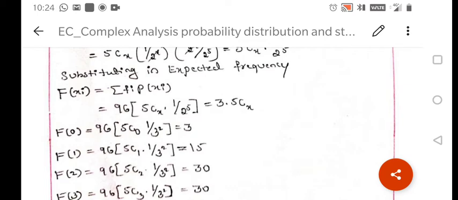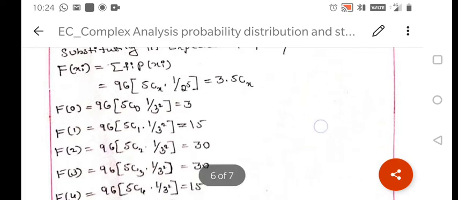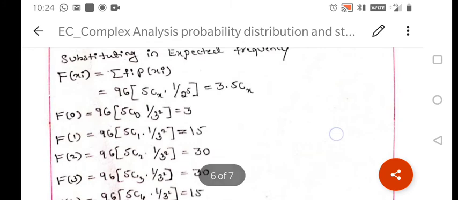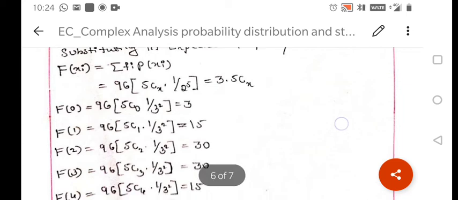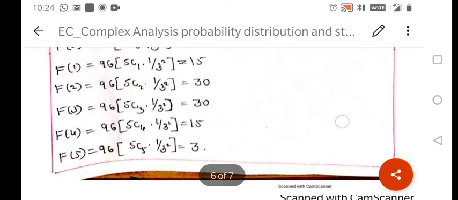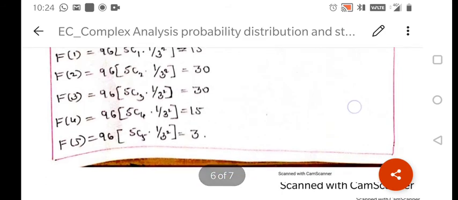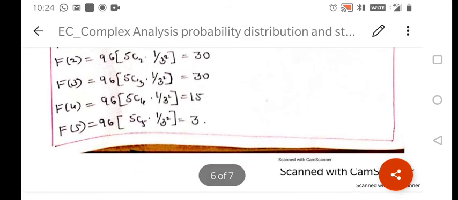So it is 96 into 5Cx into 1 by 2 raised to 5, which is 3 into 5Cx. Now F of 0 is 3. Then F of 1 will be equal to 15, F of 2 will be 30, F of 3 will be 30, F of 4 will be 15, and F of 5 will be 3.